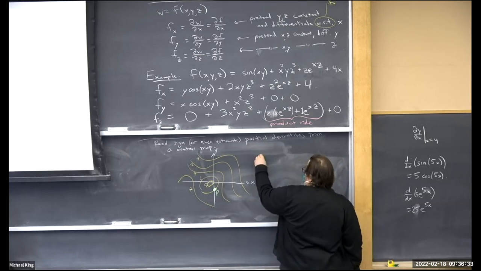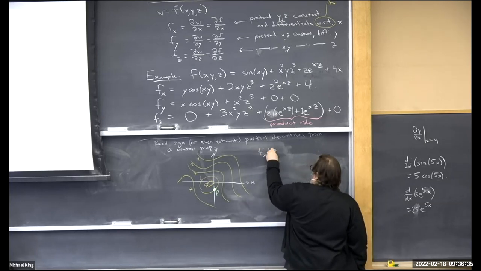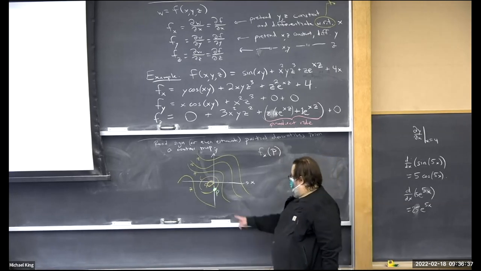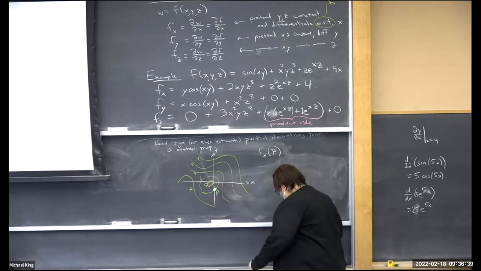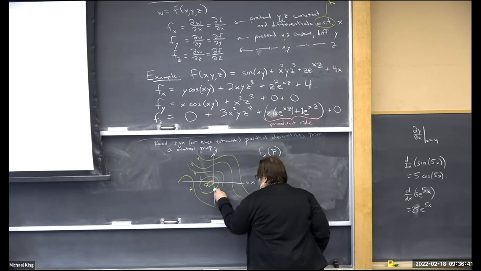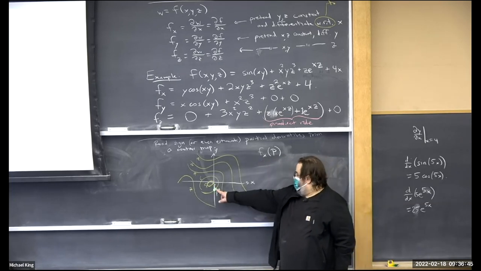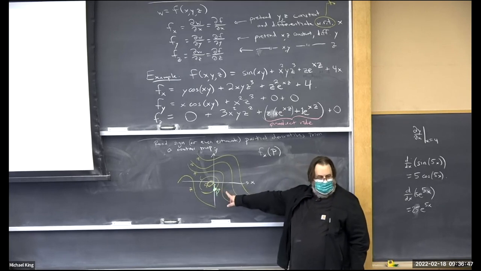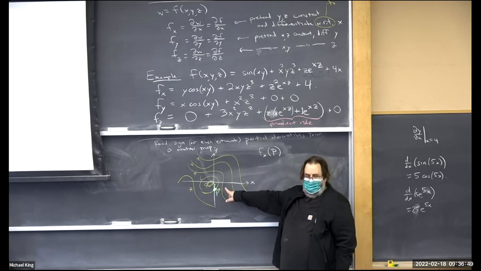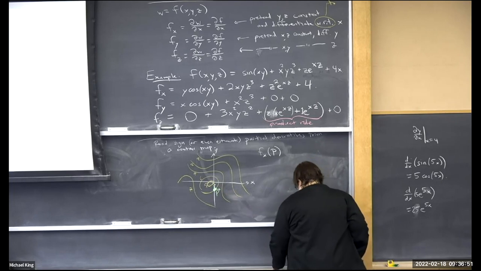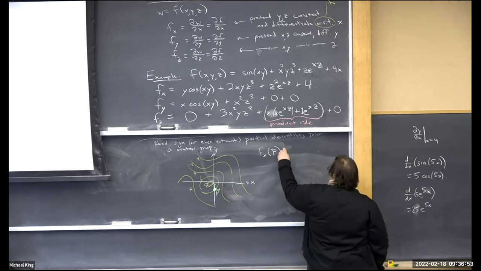What's the sign? You just think of little tiny arrows coming out of here, right? So when we leave this way, we leave the 6 contour and we're headed towards the 7 contour. So that's positive.